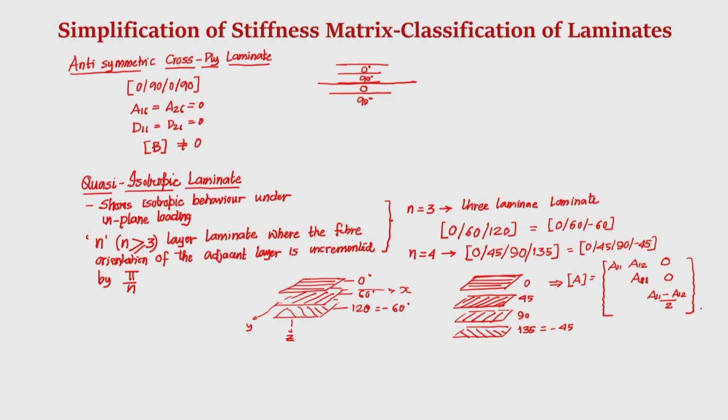So it could be proved that for this kind of quasi-isotropic laminate the A matrix takes this form.